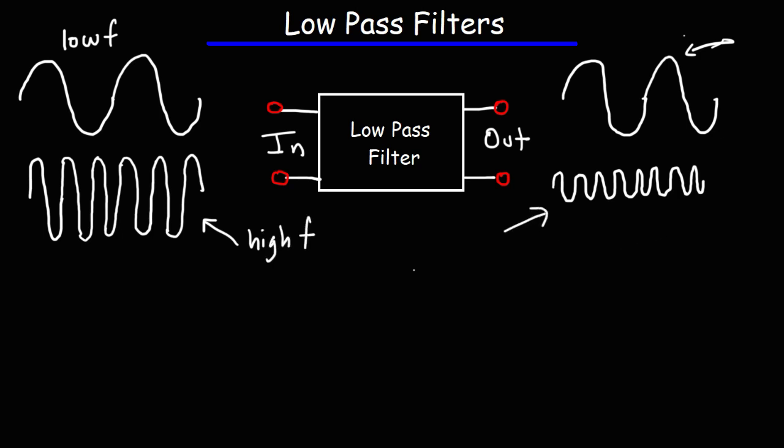And so a low-pass filter passes low-frequency signals almost unimpeded, but for high-frequency signals, the amplitude is greatly reduced. Now the first type of low-pass filter we're going to talk about is the RC low-pass filter, and the circuit looks like this.